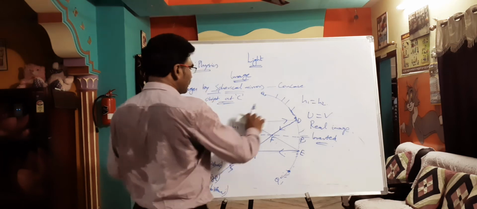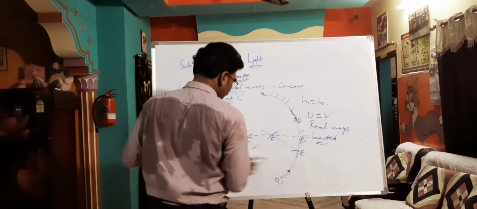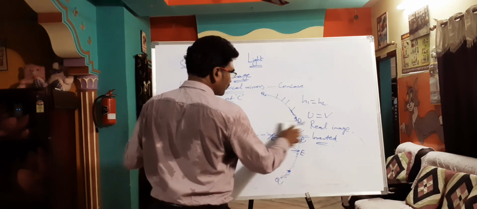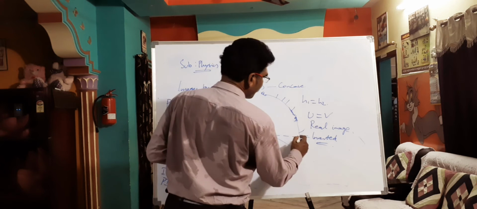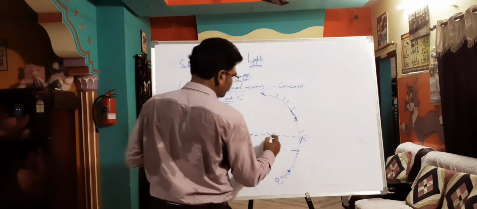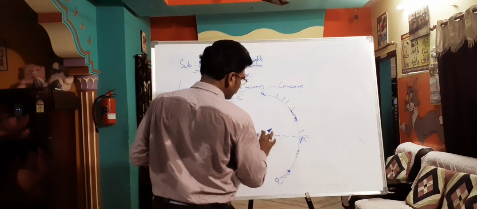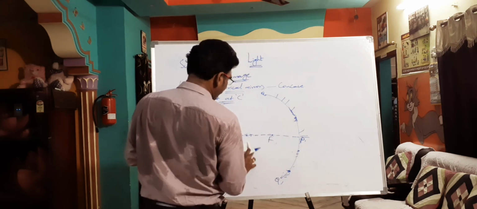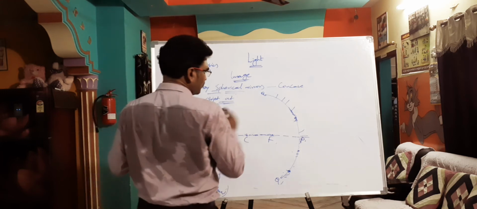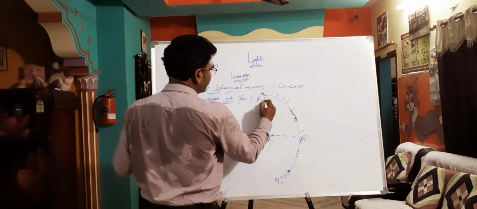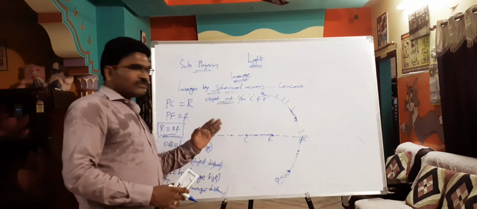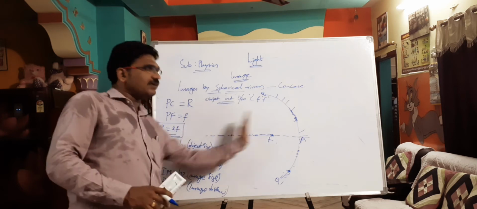Okay, now we'll go for another one. Now we'll go for object between C and F. When the object is between C and F, you observe from case 1 to case 2, case 2 to case 3, we are moving near to the spherical mirror.